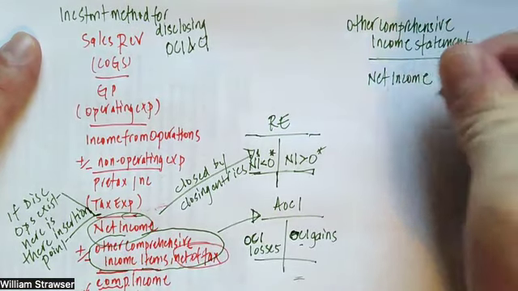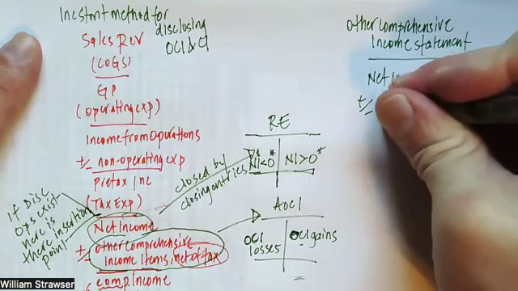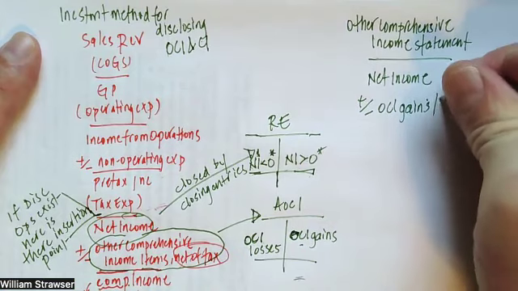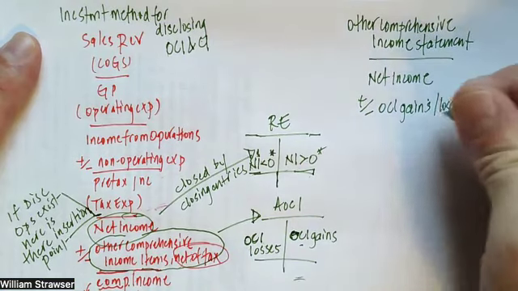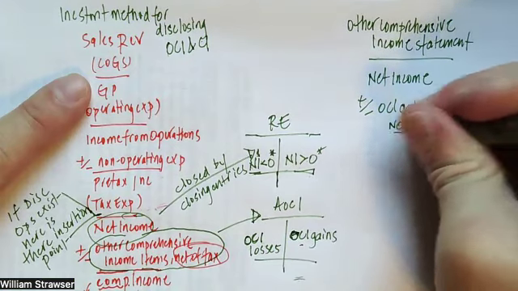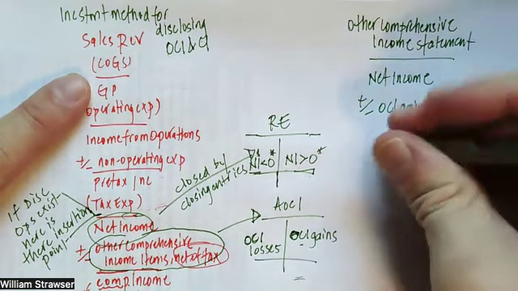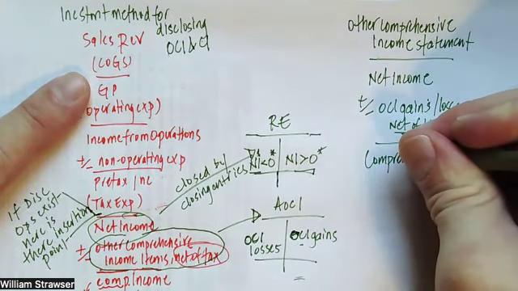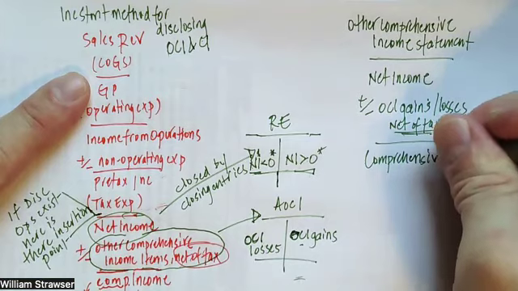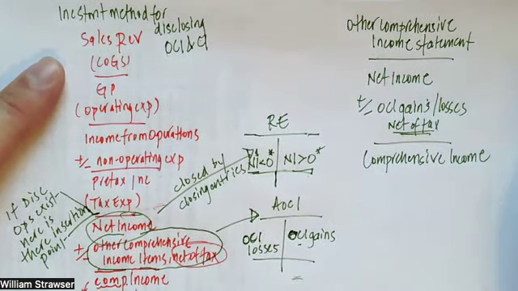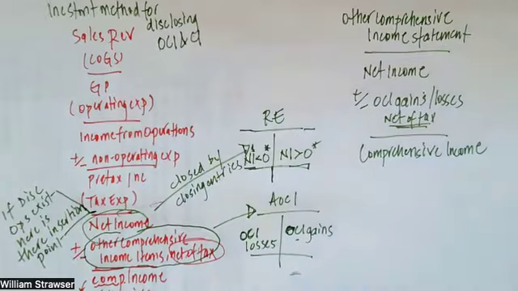So it starts with net income, adds or subtracts OCI gains and losses that are always net of tax, and then derives comprehensive income from that. So it's a very short statement. It doesn't have a whole lot going on.